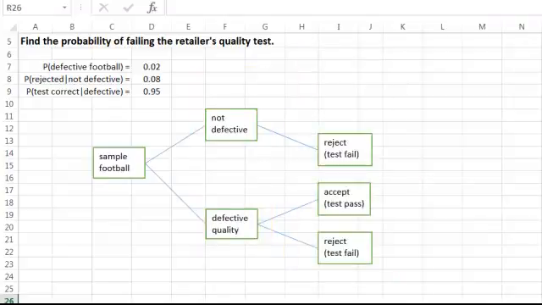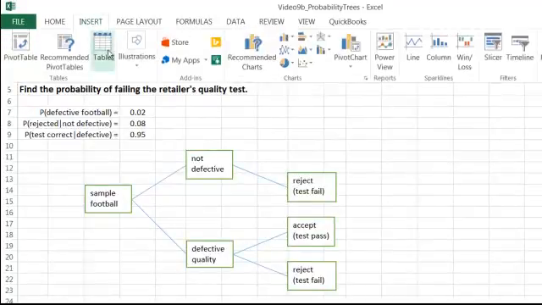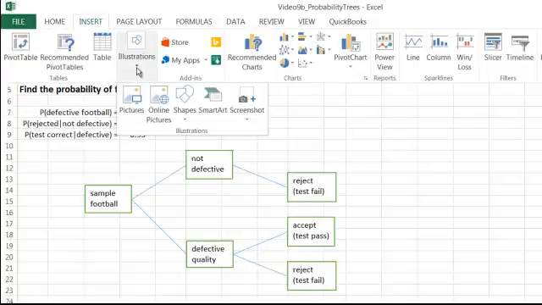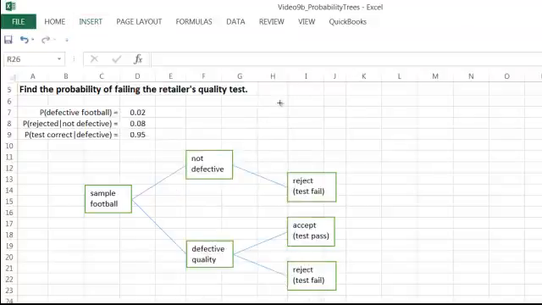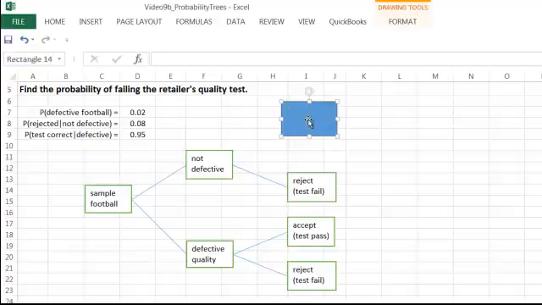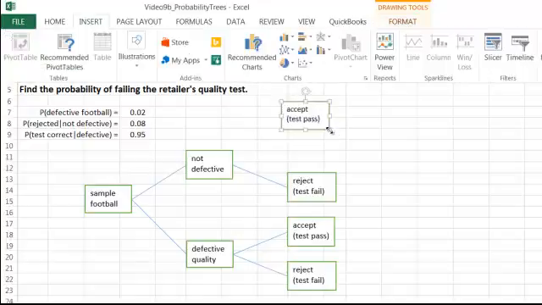Here are the outcomes from our two events. Let's just add the last outcome. Now let's connect this node with a branch.